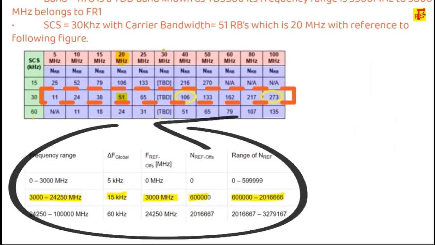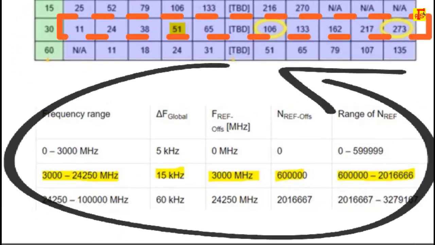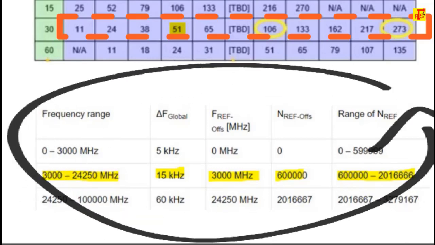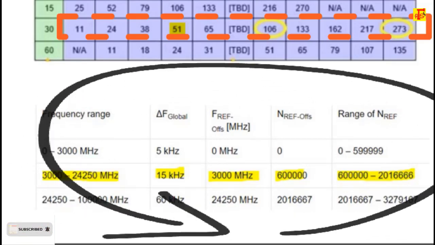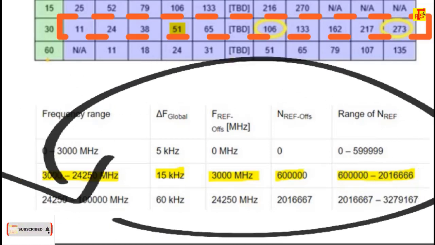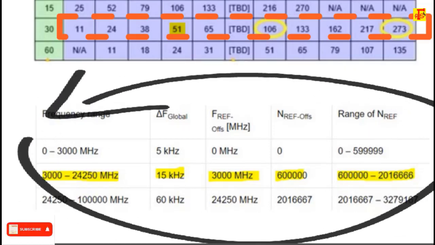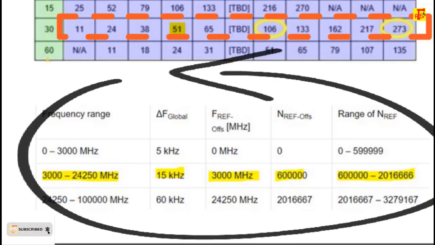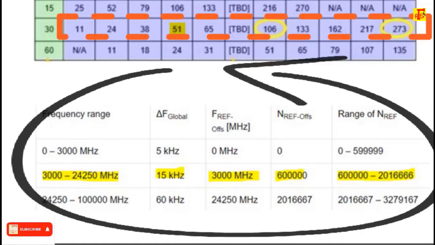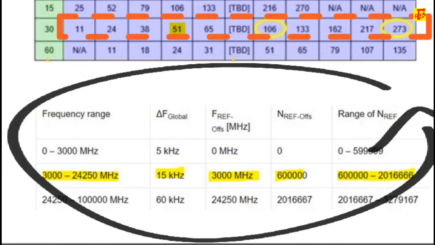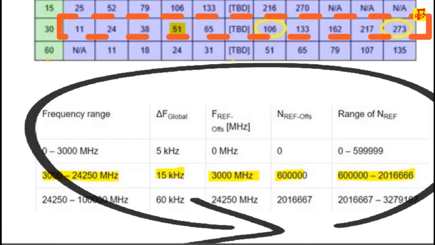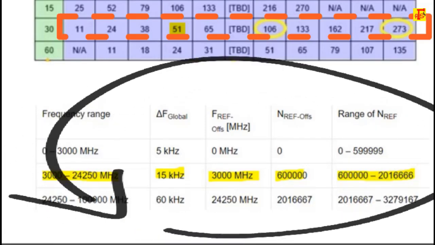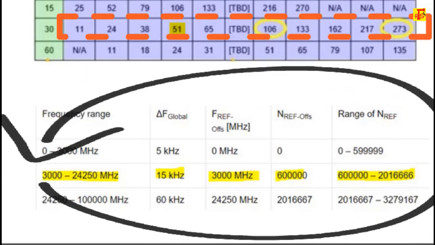Here you can see the frequency ranges 0 to 3000, 3000 to 24250, and 24250 to 100 gigahertz. Delta F global is the frequency raster, right? For 0 to 3000 the raster is 5 kilohertz, for 3000 to 24250 it is 15 kilohertz, and above that it is 60 kilohertz.